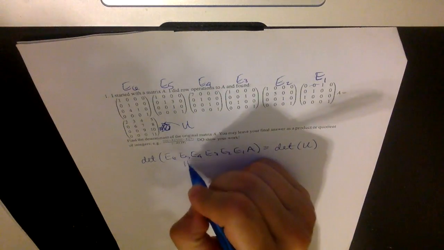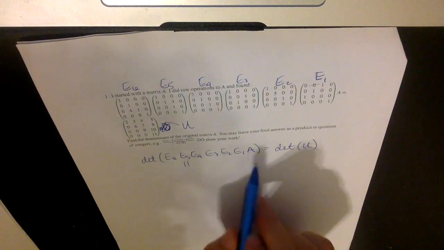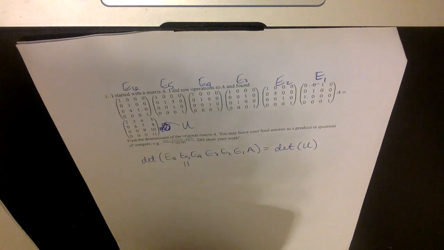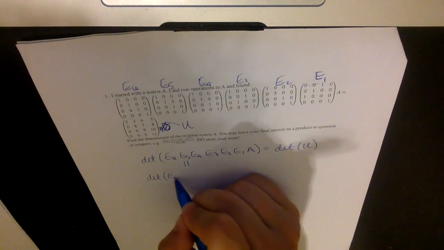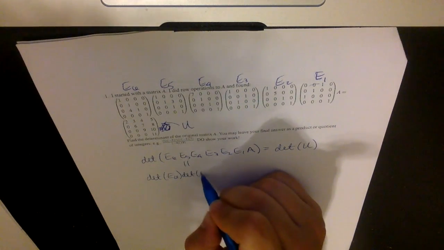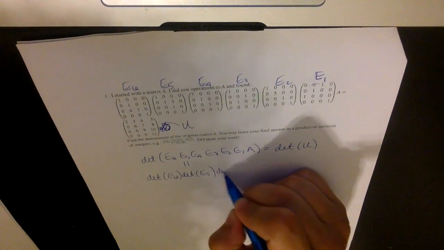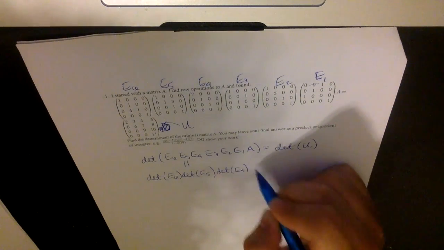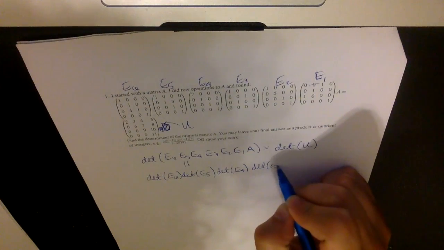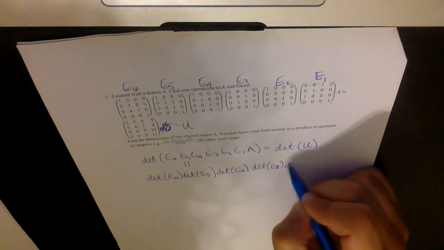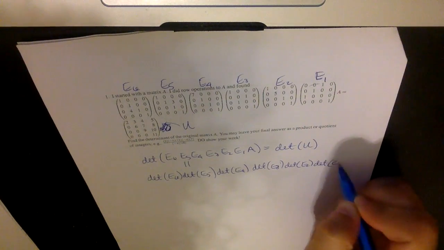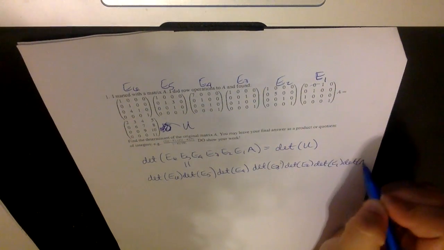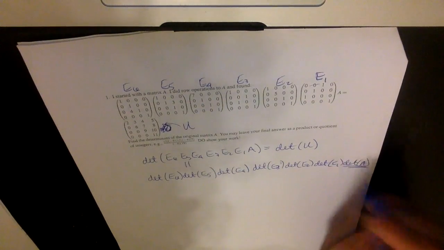Now, we know that the determinant of a product of matrices is the product of the determinants of the matrices. So this is the determinant of E6 times the determinant of E5 times the determinant of E4 times the determinant of E3 times the determinant of E2 times the determinant of E1 times the determinant of A, which is what we want to find to begin with.